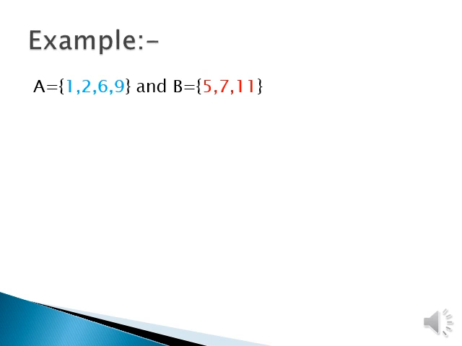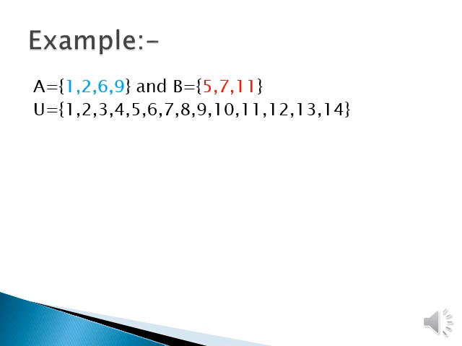A is the set of elements 1, 2, 6, 9. B is the set of elements 5, 7 and 11. Previously we solved this example to understand the universal set properly. Here the universal set contains numbers from 1 to 14. We'll see the Venn diagram.